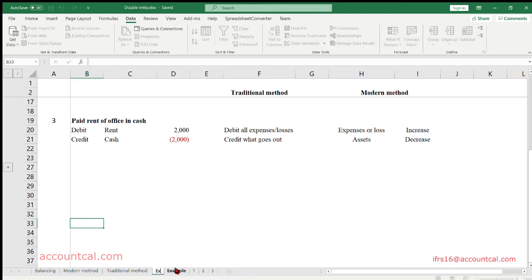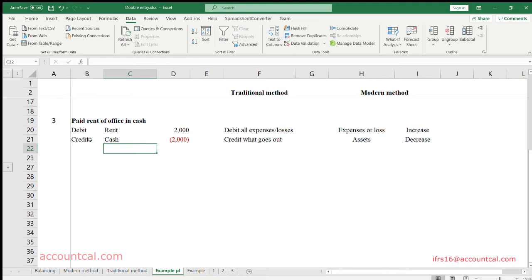This is the example. The transaction is we paid a rent of 2000 for the office. Okay, so let's discuss the credit first.